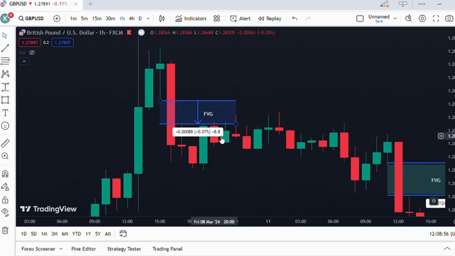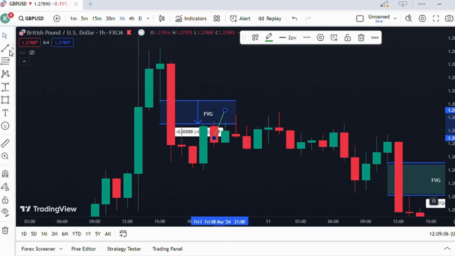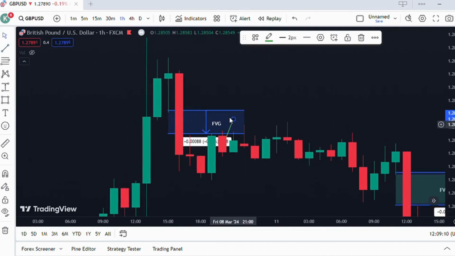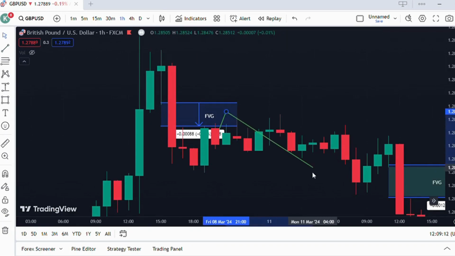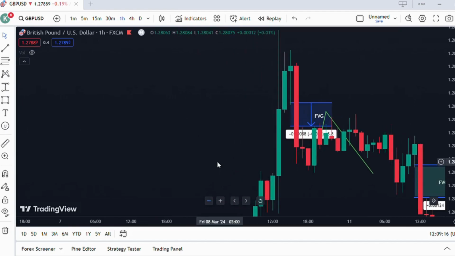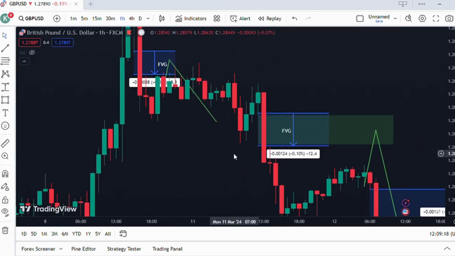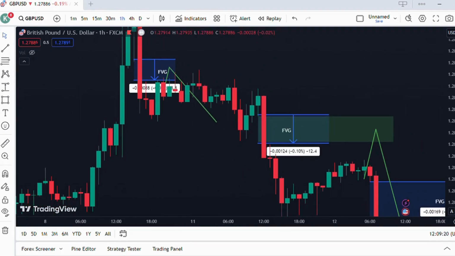So price will tend to go back to this region, which is the region of the fair value gap, before moving downwards to complete this move, as can be seen in this particular instance.